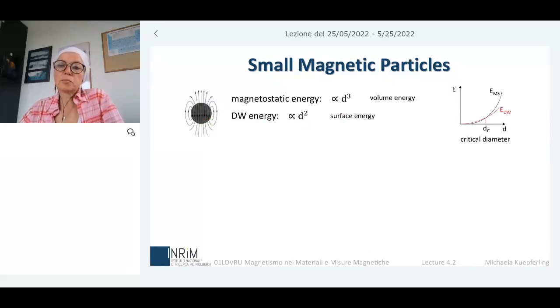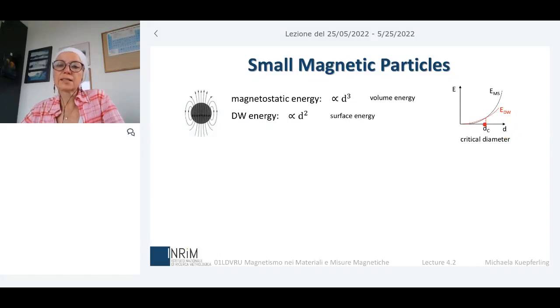What does this mean? As a consequence, usually magnetostatic energy is much higher than the domain wall energy, and that's why we actually have domains. We said in order to reduce magnetostatic energy, we introduce domain walls. But on the other hand, if you go below a certain critical diameter, then domain wall energy is higher than magnetostatic energy.